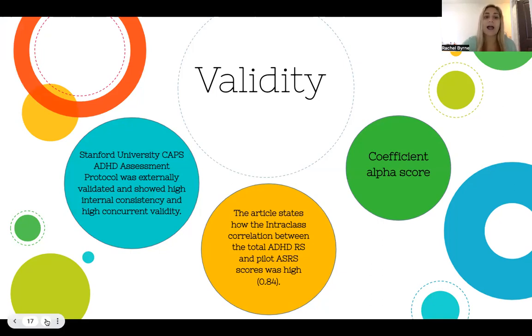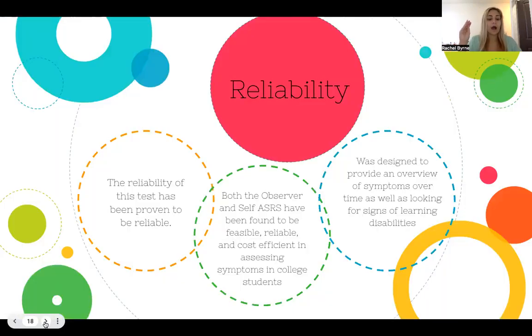So it showed high internal consistency and high concurrent validity. And then some more details about how reliable it was. It was proven reliable. Both the observer and self ASRS have been found to be feasible, reliable, and cost efficient.